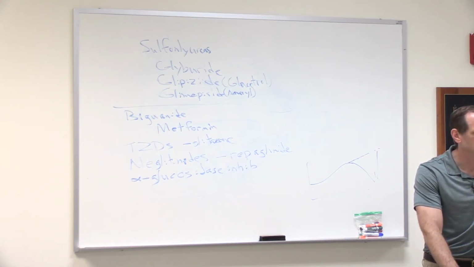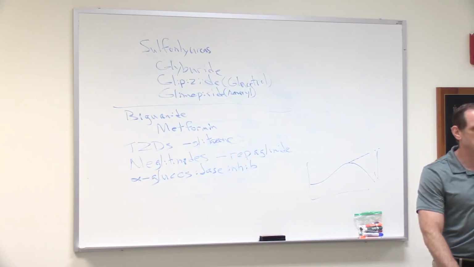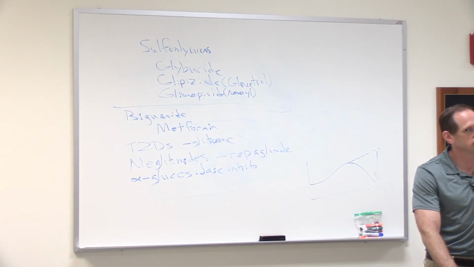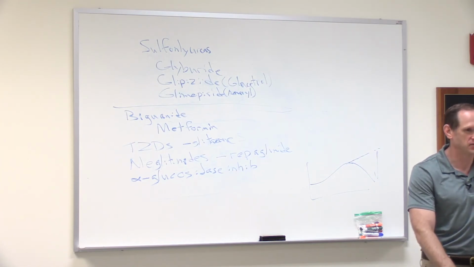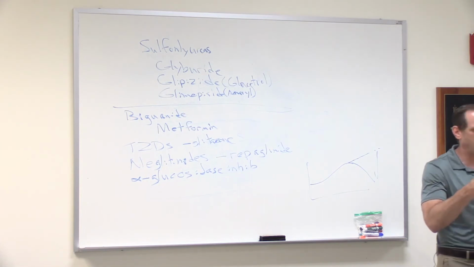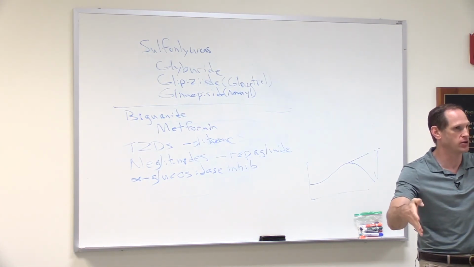So, most of the sugars that we eat are not simple sugars. They are complex sugars, and they have to be broken down. So the way that you break them down is with enzymes, including glucosidase. So by inhibiting glucosidase, you reduce the rate at which those complex sugars are broken down into smaller sugars.